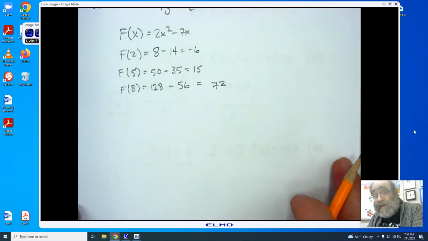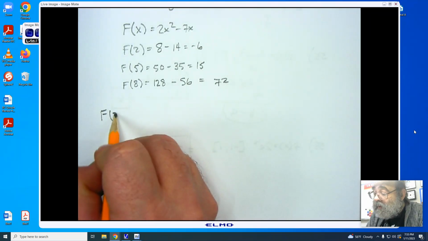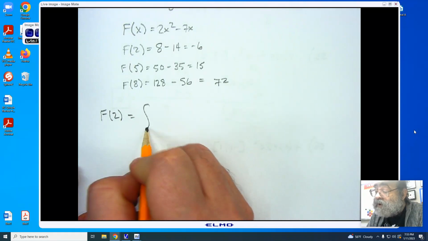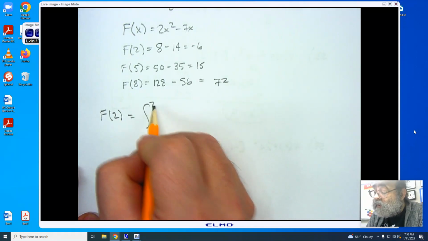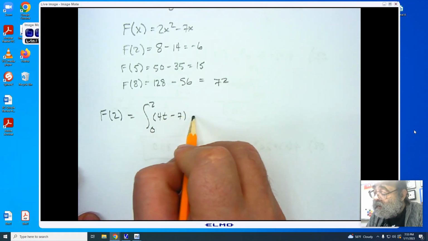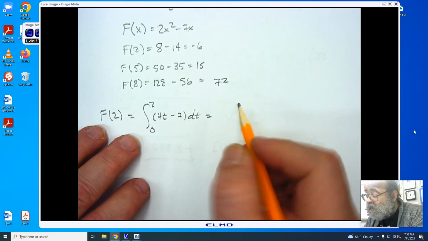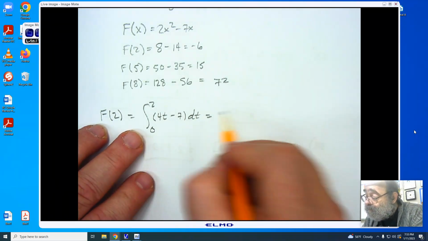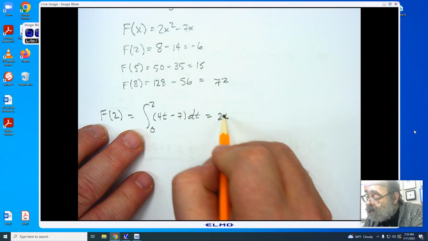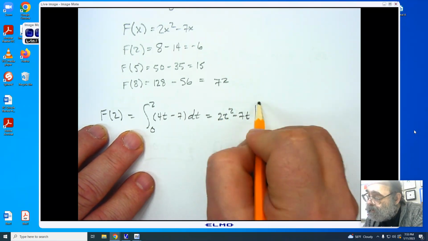Now, there is another way to find this. I can find f of 2 by doing the integration from 0 to 2 of 4t minus 7 dt. This will give me 2t squared minus 7t, and it's from 0 to 2.